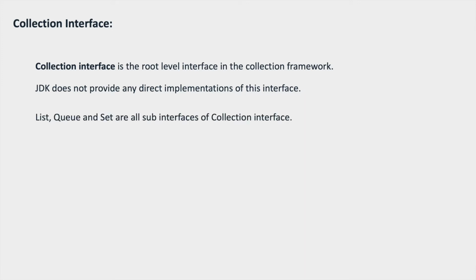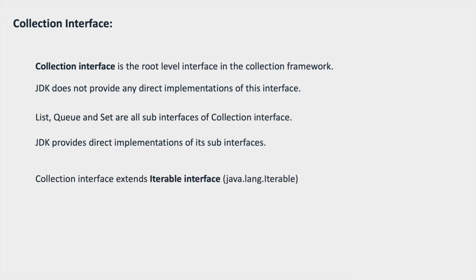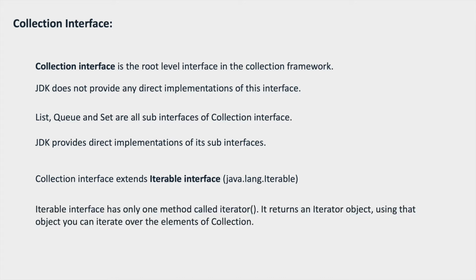This collection interface has List, Queue, and Set as sub interfaces. JDK provides direct implementations of these sub interfaces. The collection interface is a sub interface of the Iterable interface. The Iterable interface has only one method, called the iterator method.